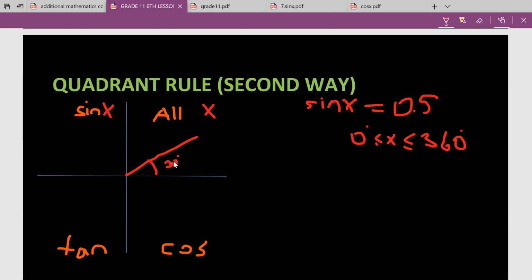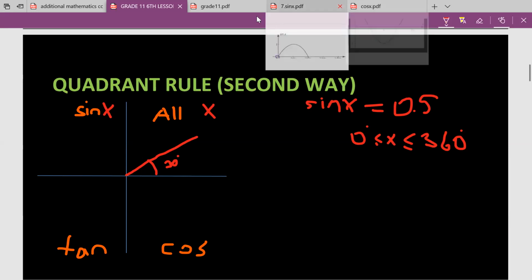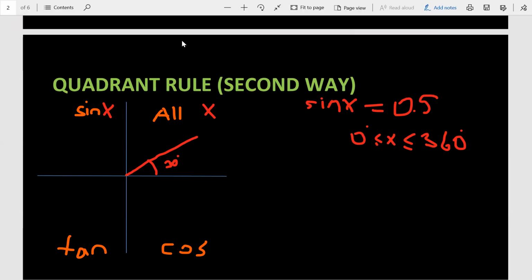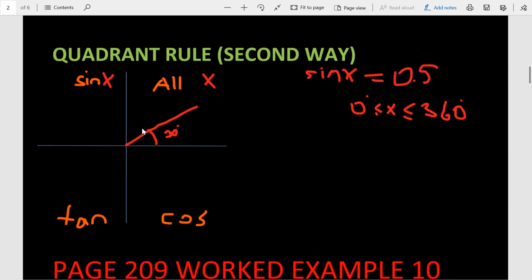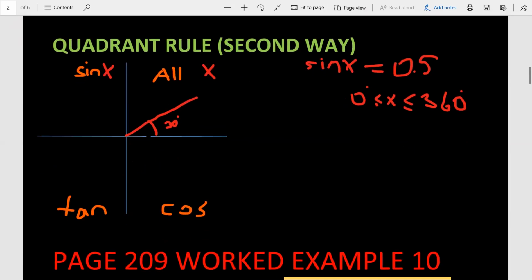We have one more solution. We will find it. It's in second quadrant. To find it, I want to remind you that we did questions to find acute angle from second quadrant.